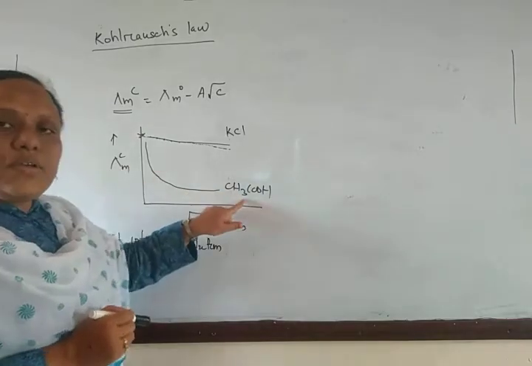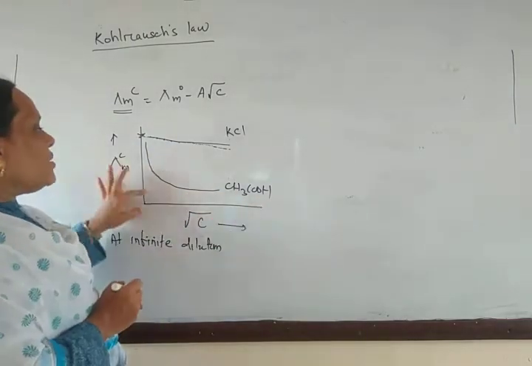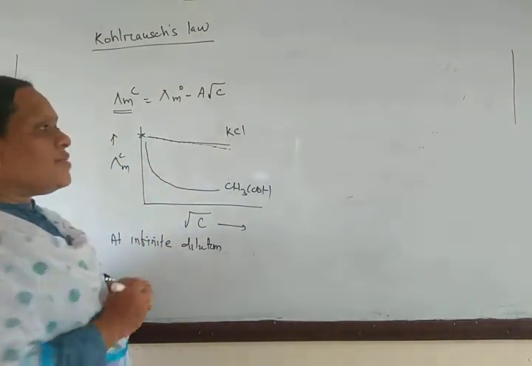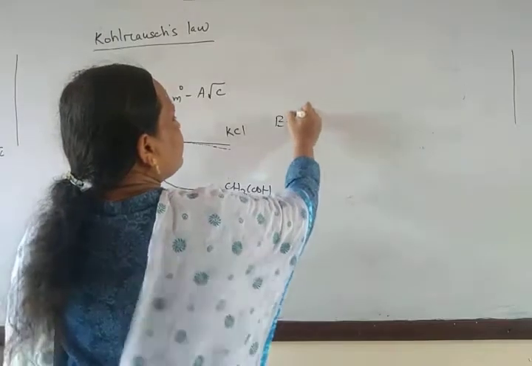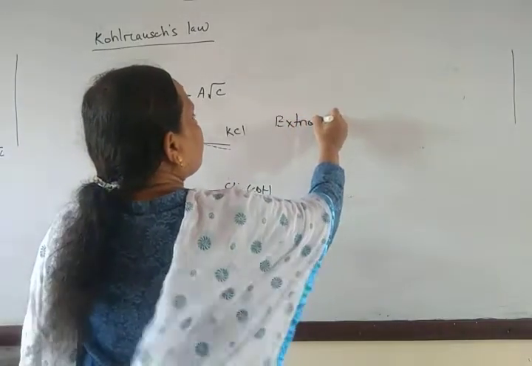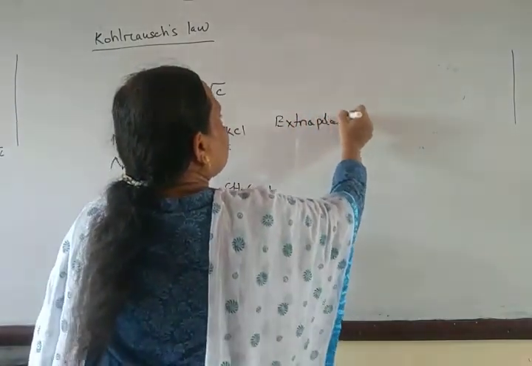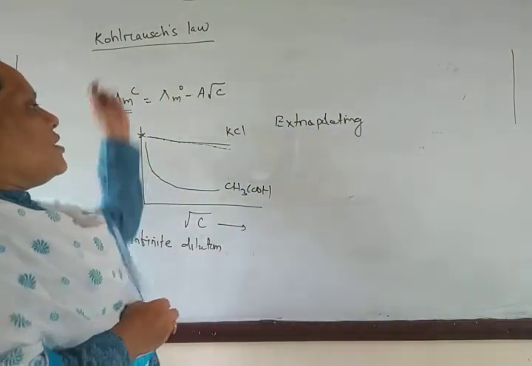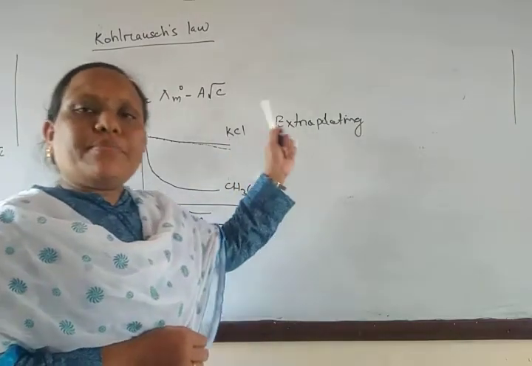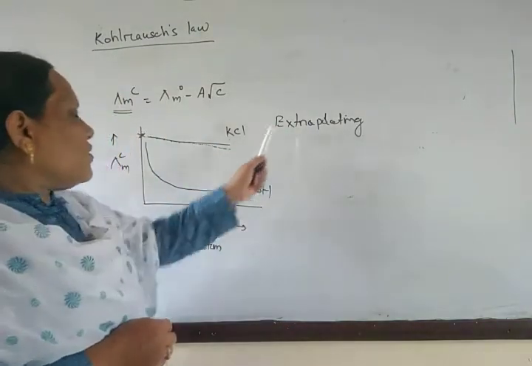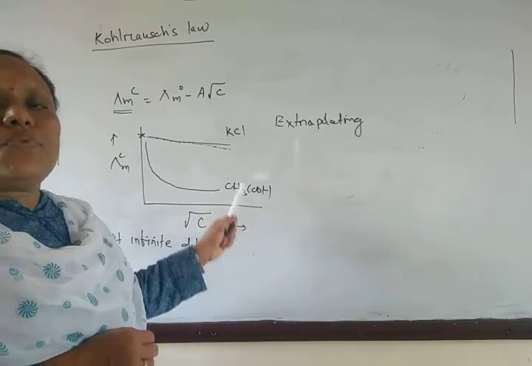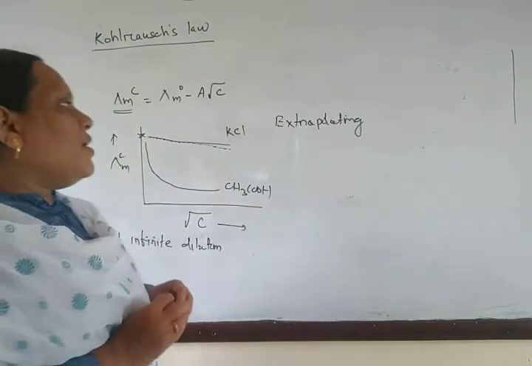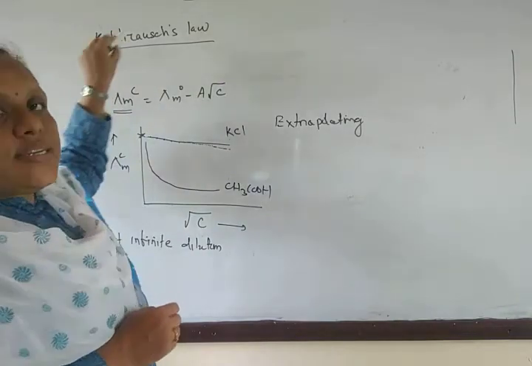That cannot be determined by extrapolating this graph. The molar conductance of a strong electrolyte can be known by extrapolation, but that of a weak electrolyte cannot. To overcome this problem, Kohlrausch postulated a law.